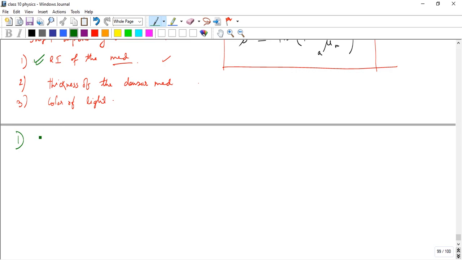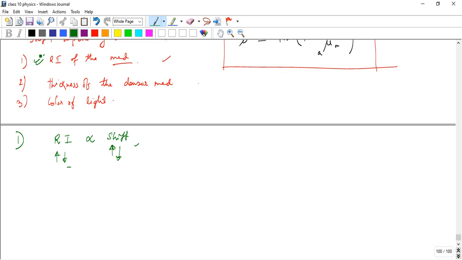Refractive index is proportional to shift. If refractive index increases, shift also is more. And if refractive index is less, shifting is also less. So higher refractive index gets more shift, lower refractive index gets less shift.